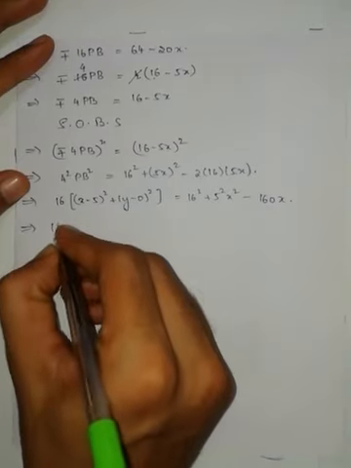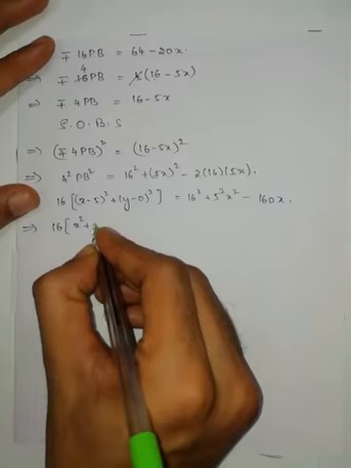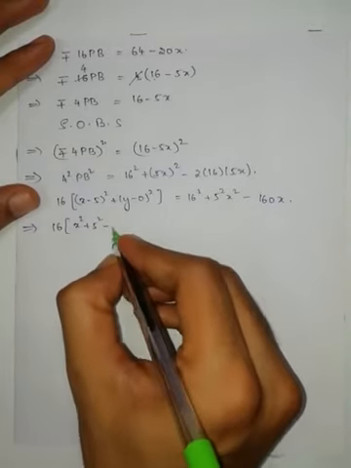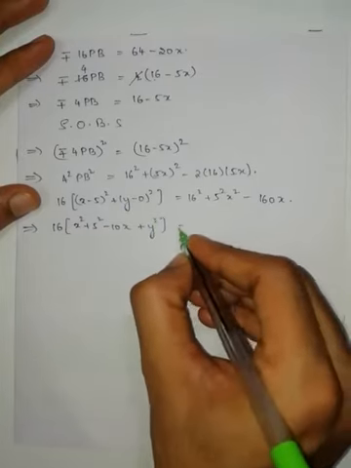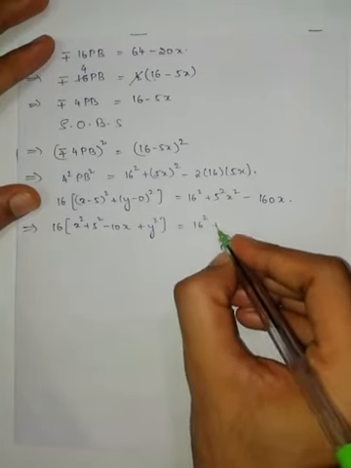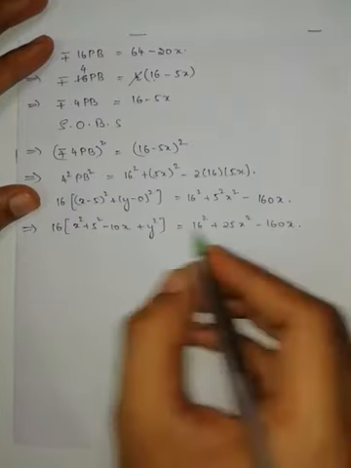This implies 16 into x square plus 5 square minus 10x plus y square is equal to 16 square plus 25x square minus 160x.